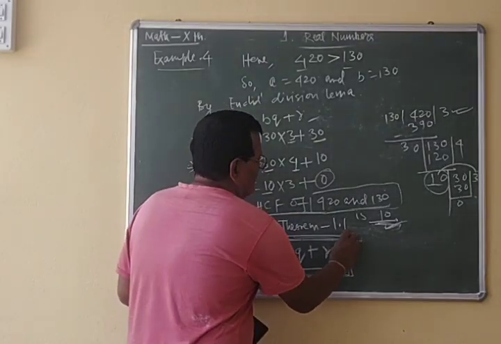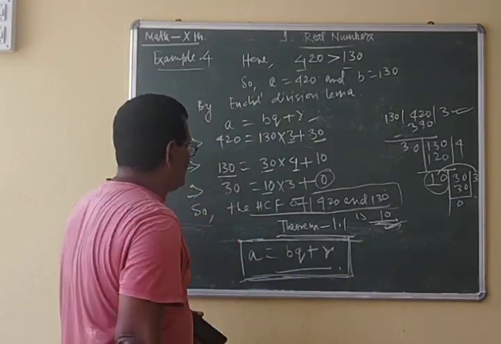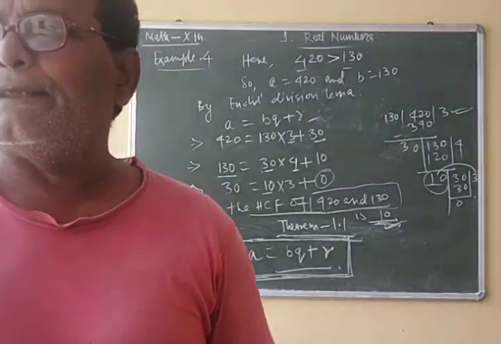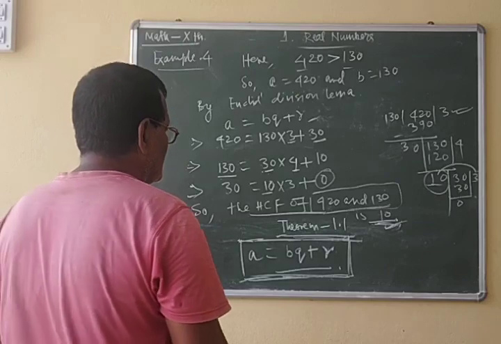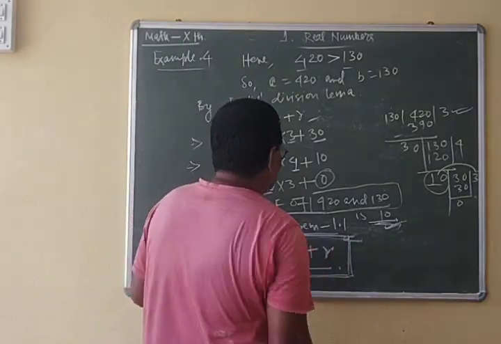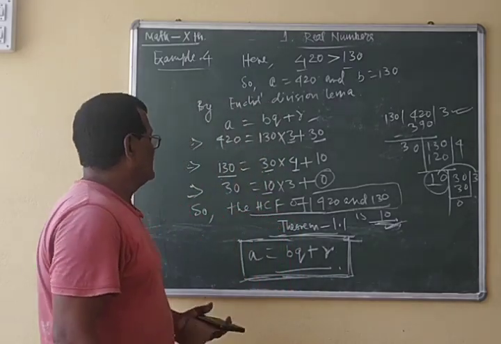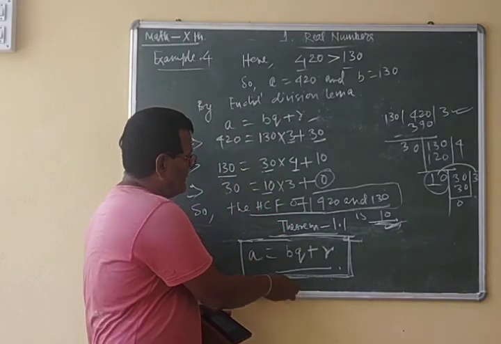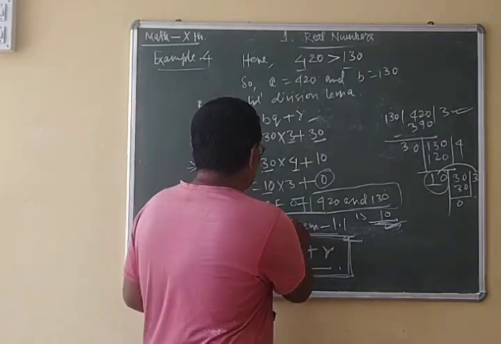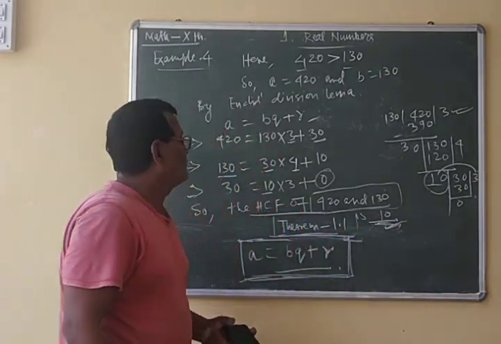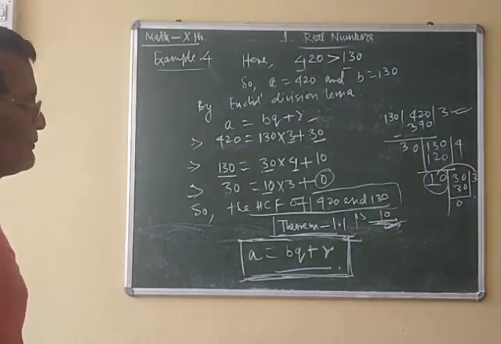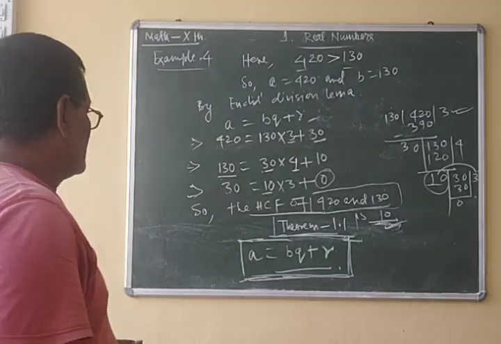The proof, the verification of this lemma, is not given in the book. You have only learned that dividend equals divisor times quotient plus remainder, A equals BQ plus R. It is called theorem 1.1, but its proof is not given.